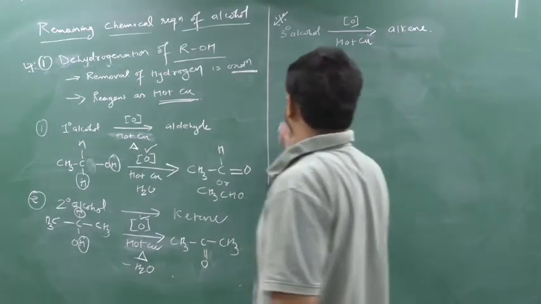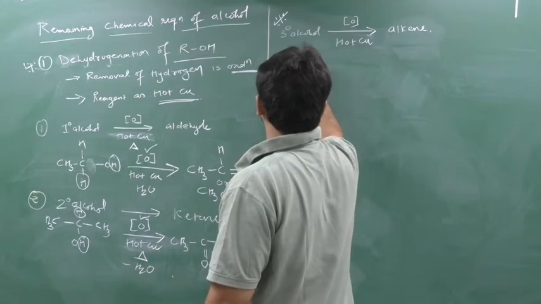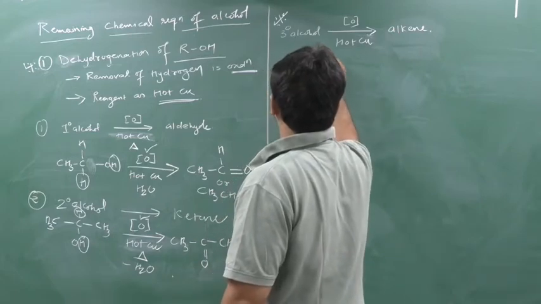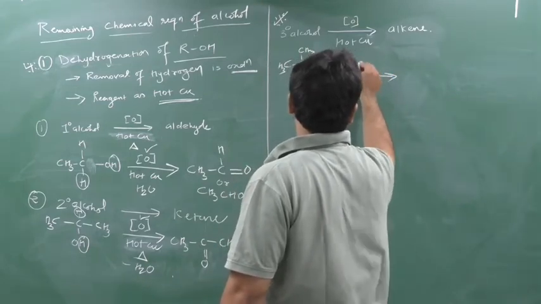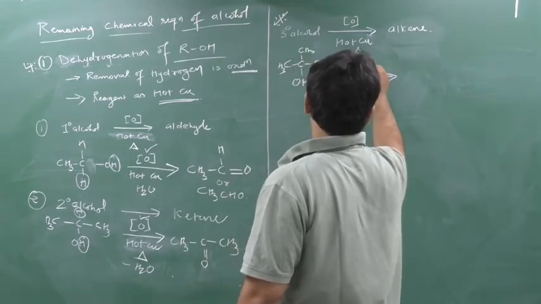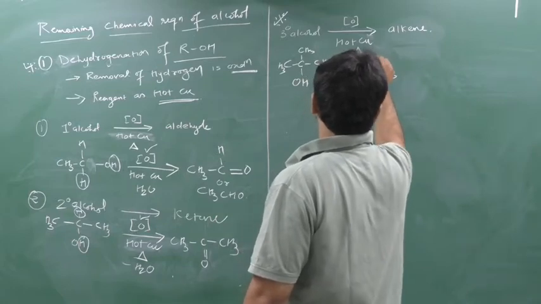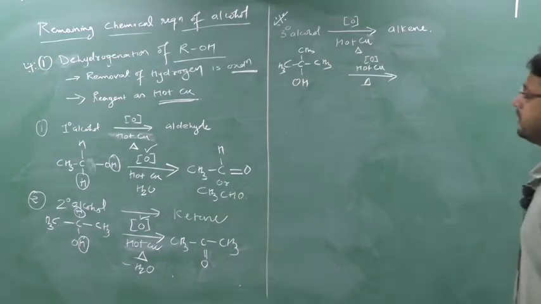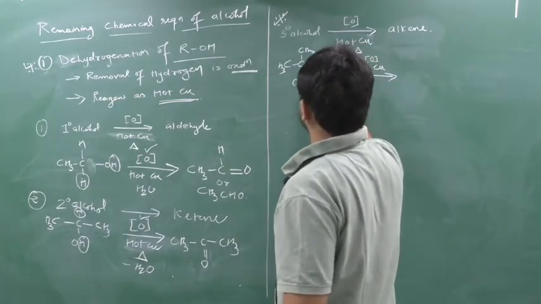Now we will see 3-degree alcohol. So see, the OH containing carbon is associated to another 3 carbons. If I use hot copper and heat, that is nothing but dehydrogenation, which means oxidation only, no?